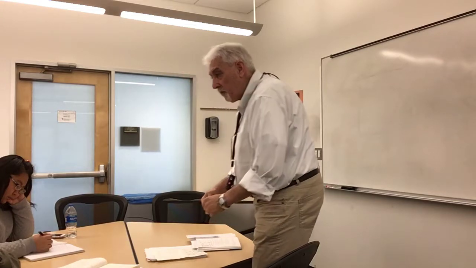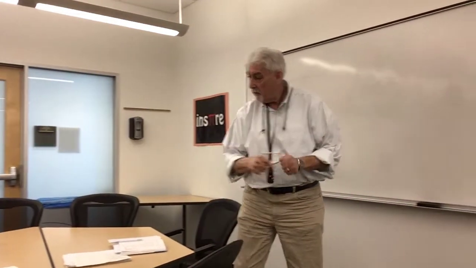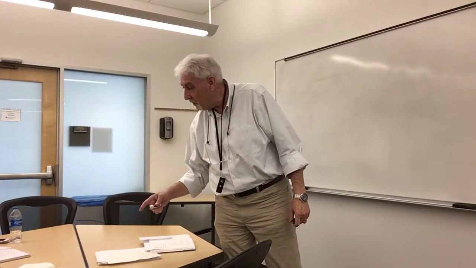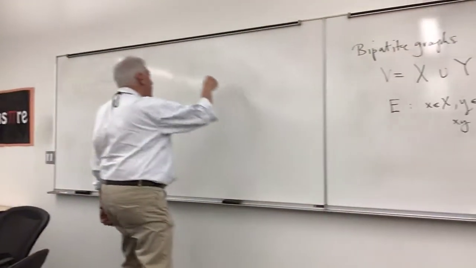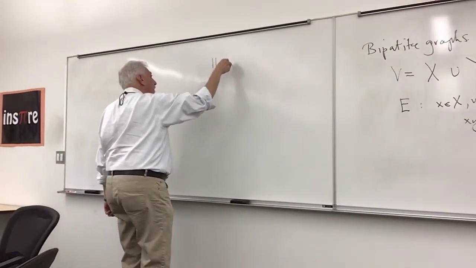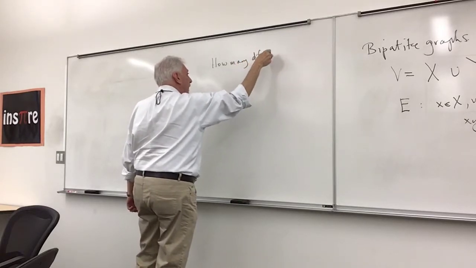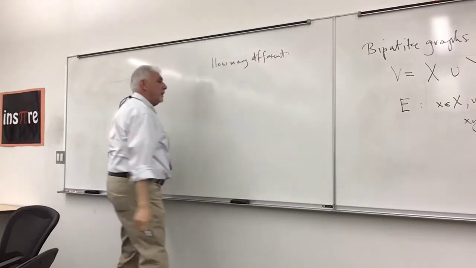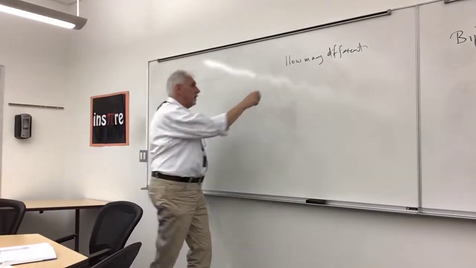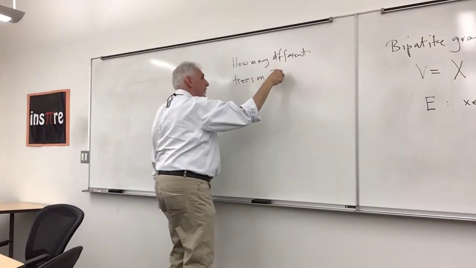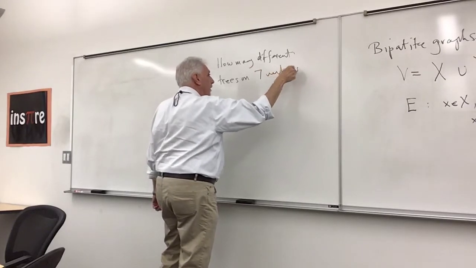Is that what I asked you? Okay. So how many different trees on 7 vertices are there? And that becomes a problem.